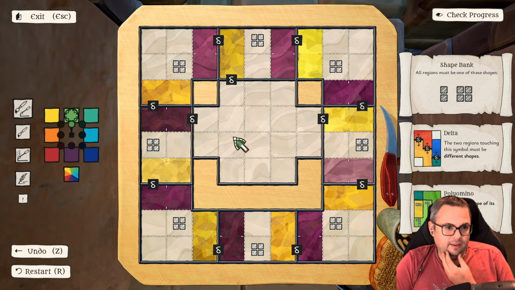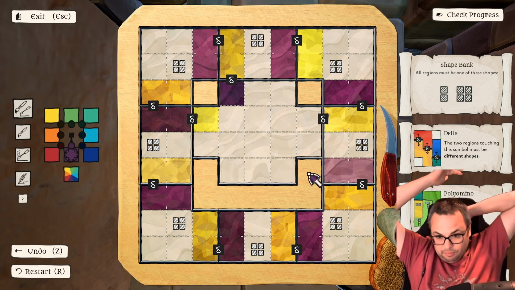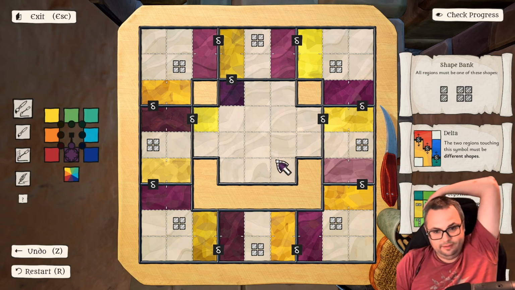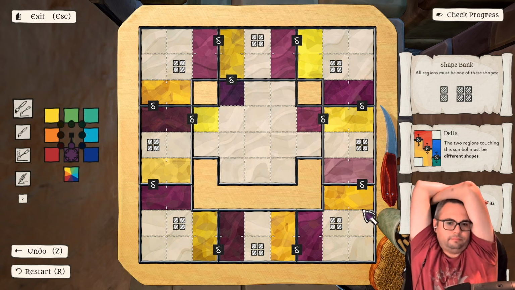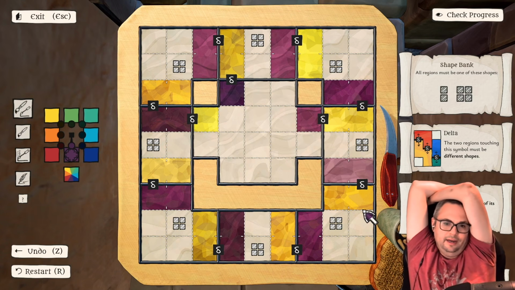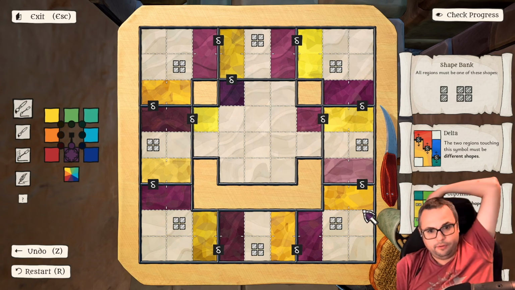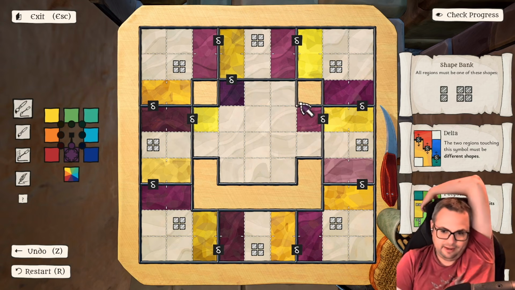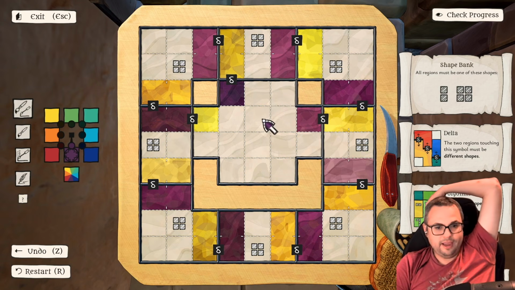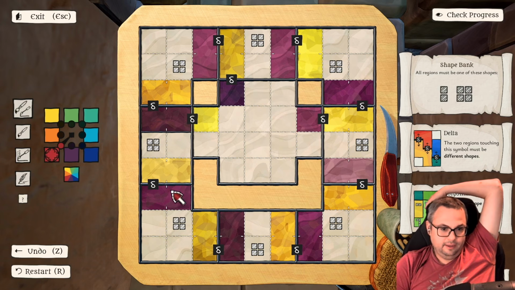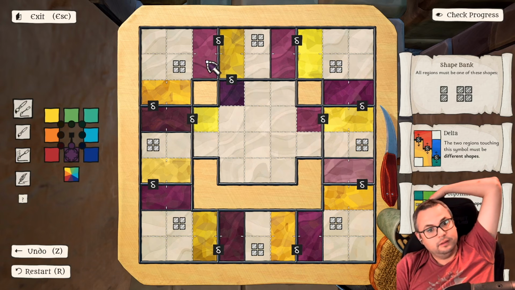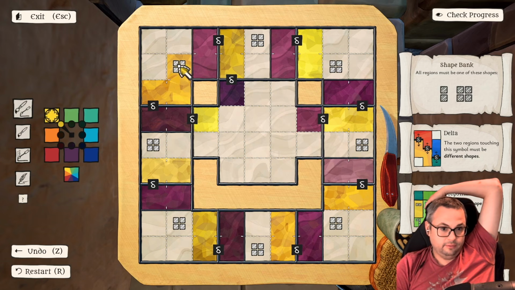So we have that arrangement is the point. And so if purple is squares, we're screwed, right? Because if purple is squares, we isolate this cell. So purple is actually dominoes, and yellow is squares.